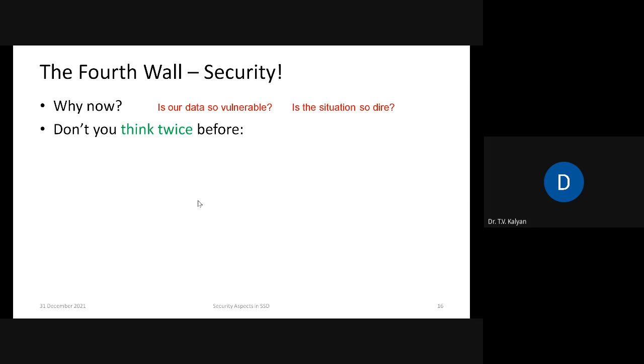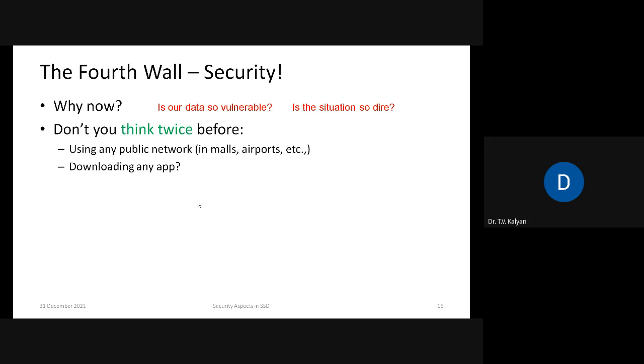I think this is the current status of each and every one of us, that we think twice before we use any public network, either when we are in the airports during transit or in the malls. We don't straight away connect to any available Wi-Fi network or any hotspot, because we are scared that some data or some logging of our activities can take place.